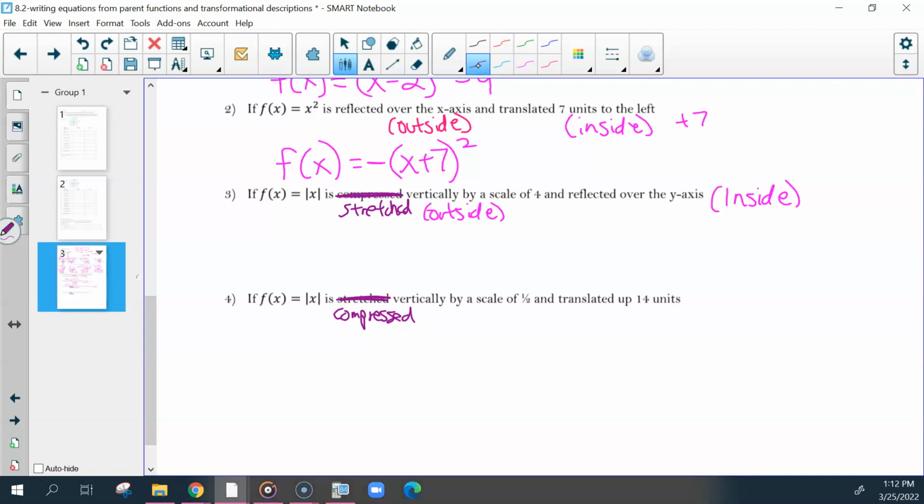So now, looking at our things, we have f of x equals the number on the outside, we have that 4 times the absolute value. On the inside, we need this reflection, that negative, and then just x.